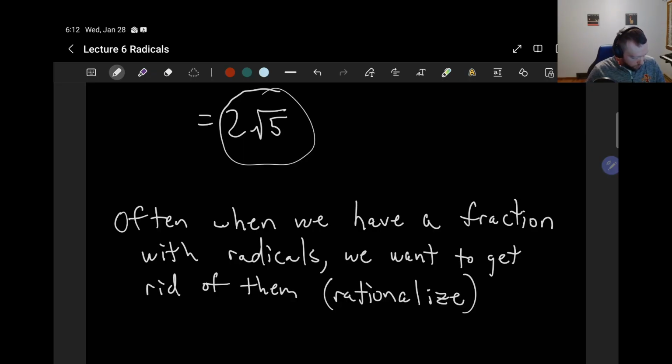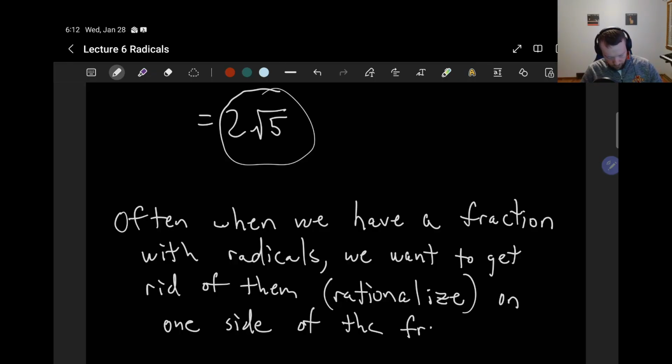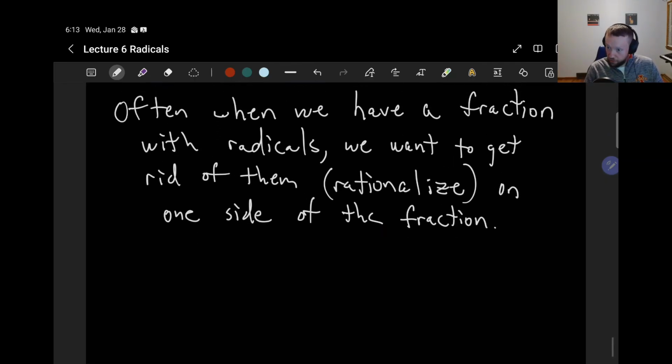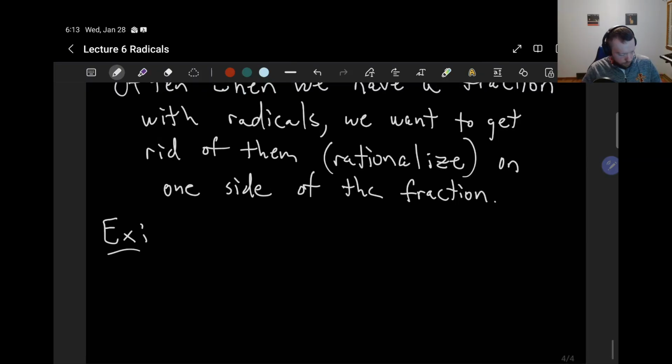Okay, so we want to rationalize or get rid of the radicals on one side of the fraction. Oftentimes it's the denominator that we want to rationalize, but you can see it the other way as well. So we'll do an example. How do we do this?